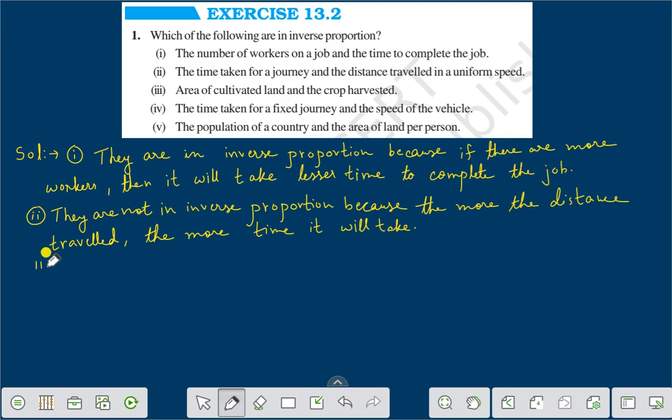Number 3. Question number 3 is area of cultivated land and crop harvested.